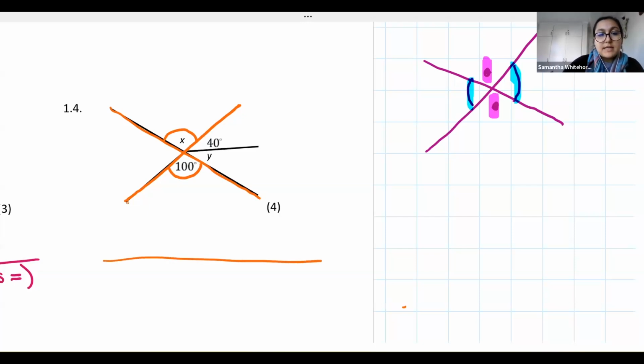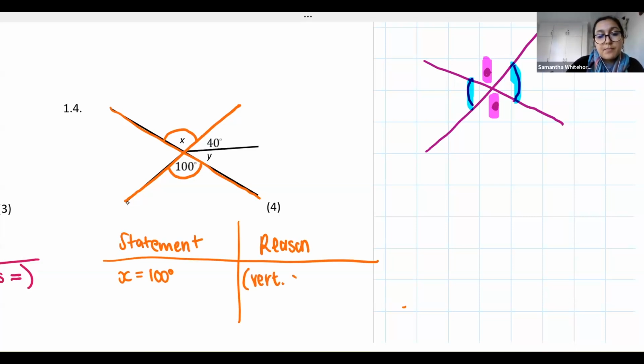So I can make my statement, and I don't even have to do any working out here, which is quite nice, that x is equal to 100, and then I can give my reason of the fact that this is because they are vertically opposite angles. So automatically, I know what x is.